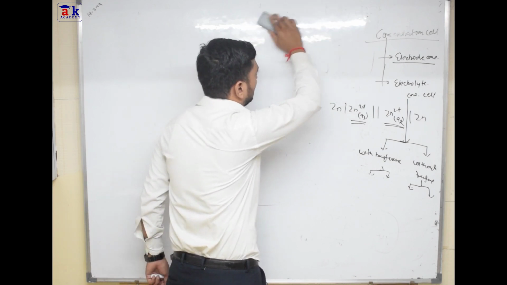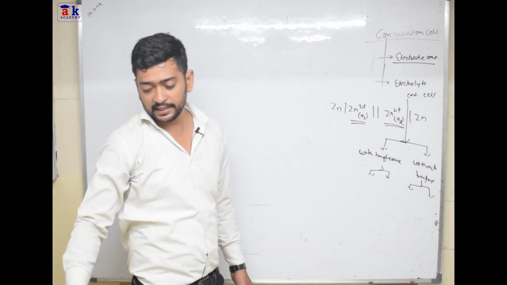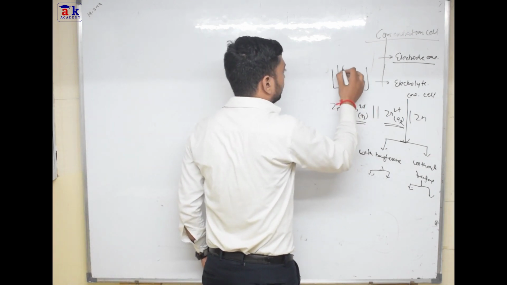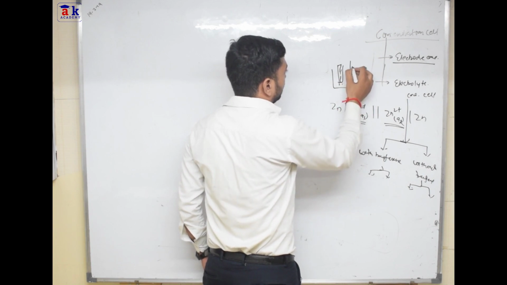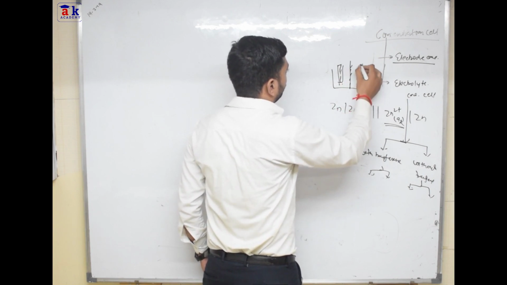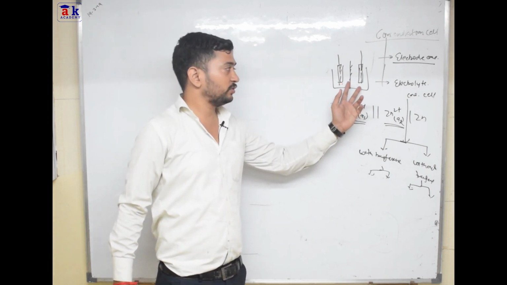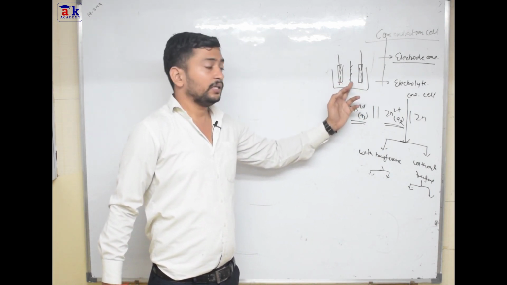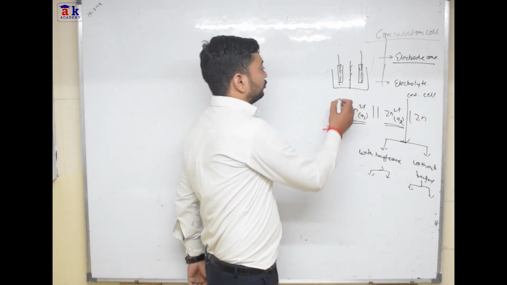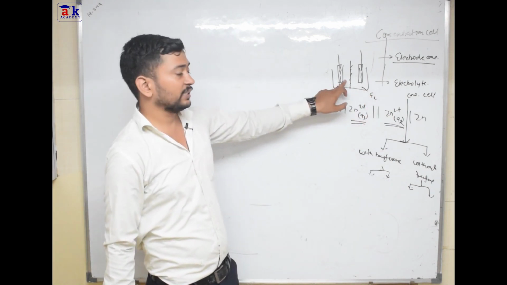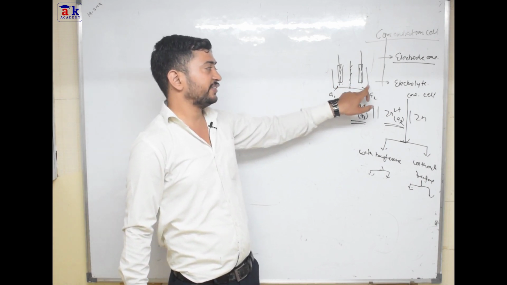What I mean by direct contact: suppose I have this cell and here I have one electrode and here I have divided it, right? So what will happen over here? Both of these electrodes, and the solution here is A1, let's say, and the other is A2. The concentration of the solution in this compartment is A1 and in the other it is A2.